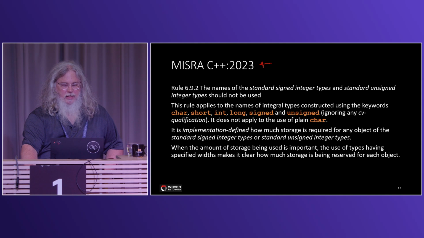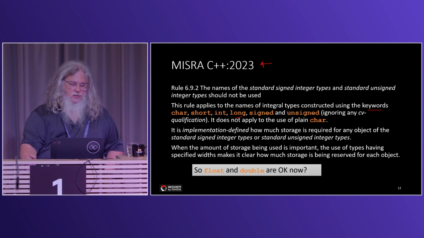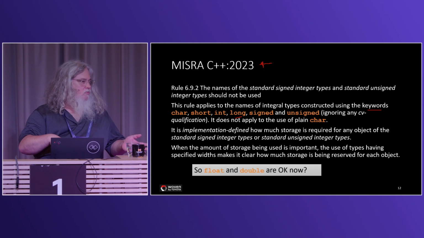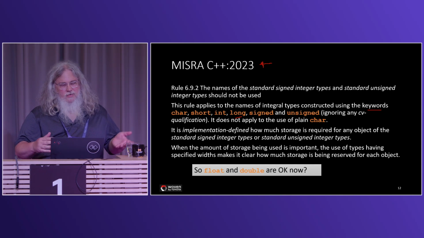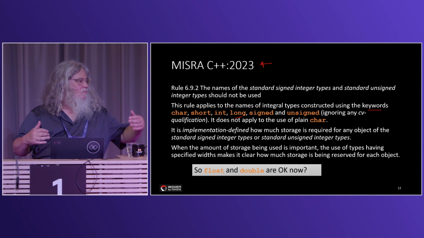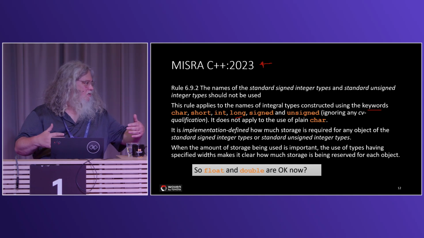So this rule applies to names, again, char, short, long, signed, unsigned. Here it says the keywords, right? So that would disallow long. Kind of interesting here is how float and double fell off the list, which were there in MISRA C. If this made sense, you would think the rules in C and C++ would be the same, but they're not.